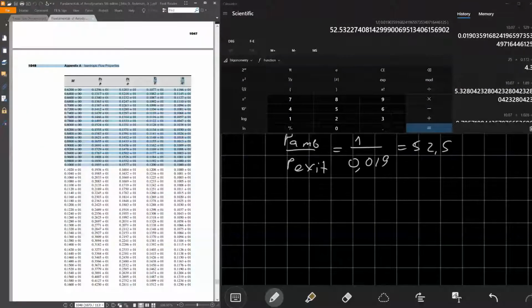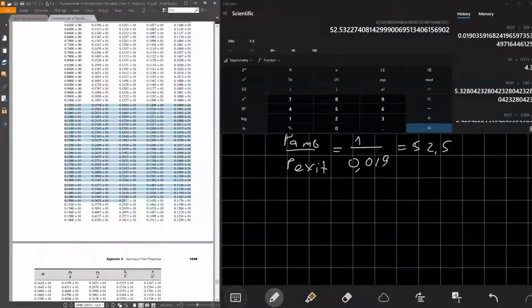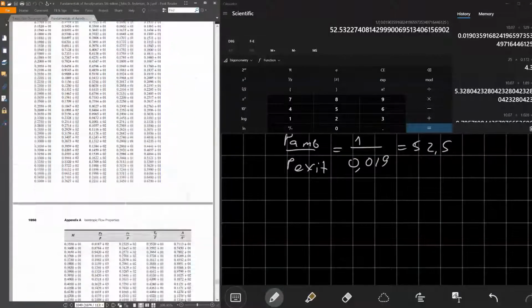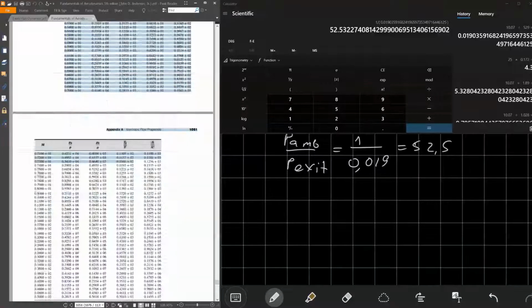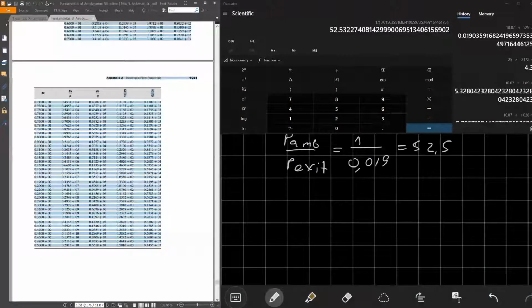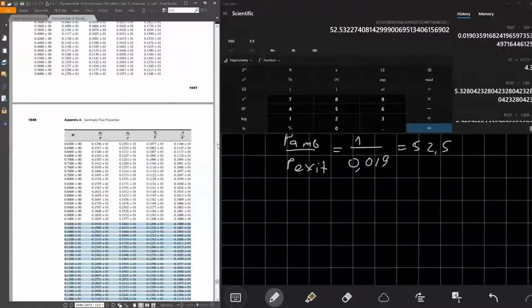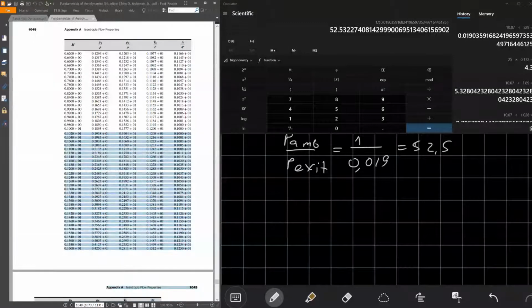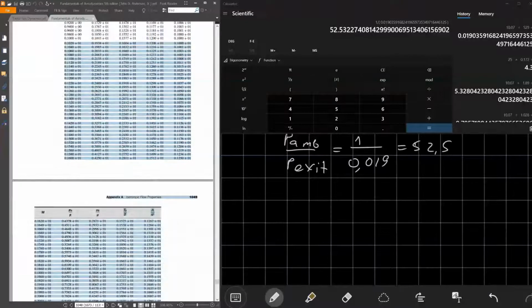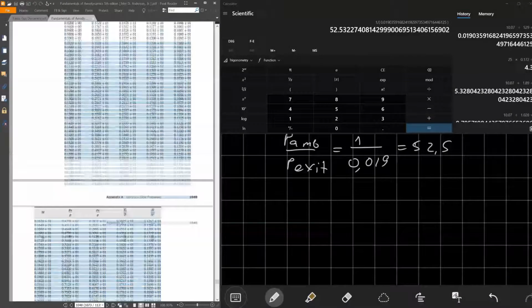And if you are asked to calculate only the supersonic part of the nozzle, you are using this part of the appendix. It goes until Mach 50, but we know from the theory of hypersonic flow that at Mach 50 we cannot get the data just using asymptotic relations, because the flow is not asymptotic anymore when we reach Mach 5 approximately. So until Mach 5, we can calculate easily using this table.